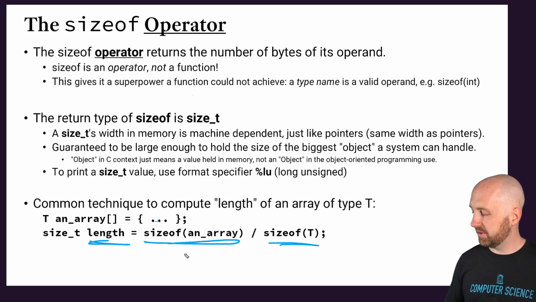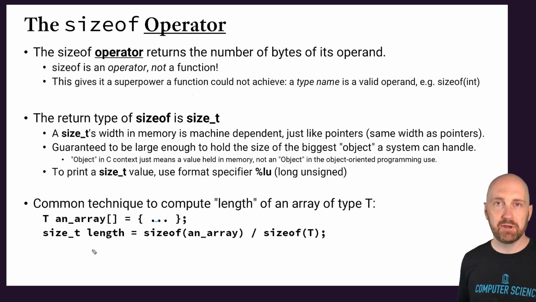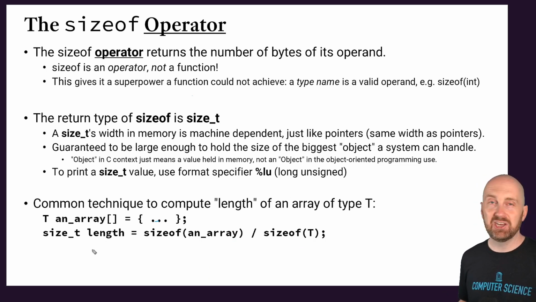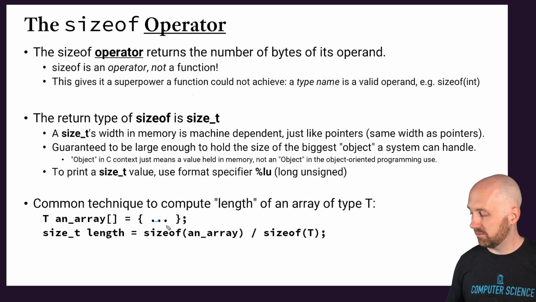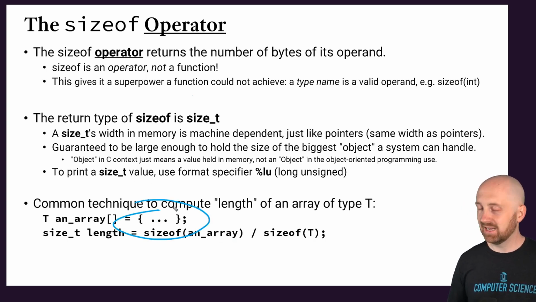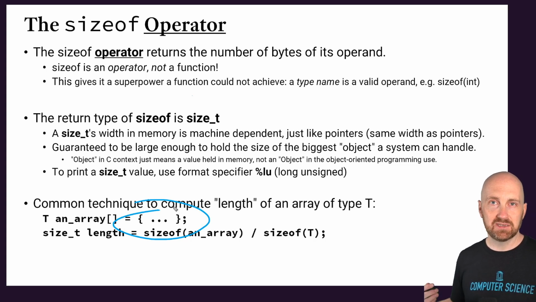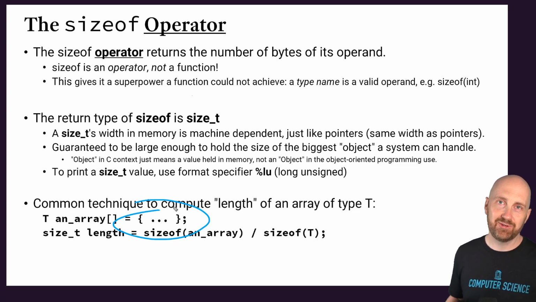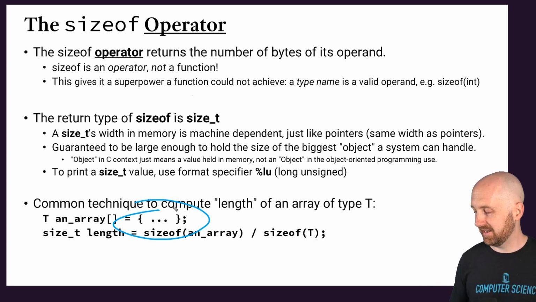So this is just a little bit of arithmetic to calculate the length of an array that you're initializing using a literal. And the real win here is that you can add more elements to this literal initialization without having to worry about updating some count or counting the wrong number and things like that.